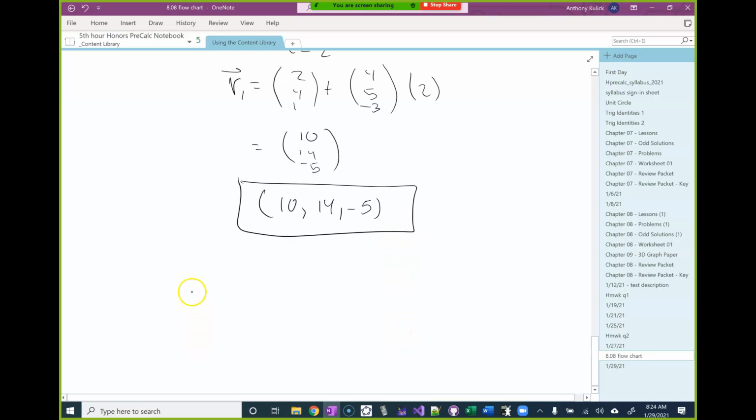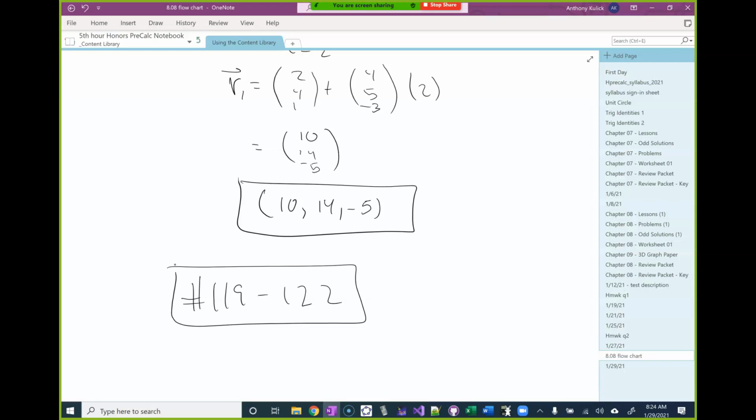What I'd like for you to do is problems 119 to 122. You're doing exactly this, where you're determining whether the lines are intersecting, parallel, non-overlapping, or coinciding.